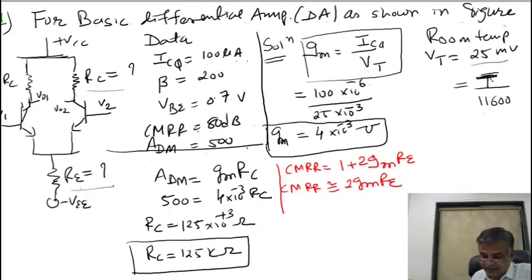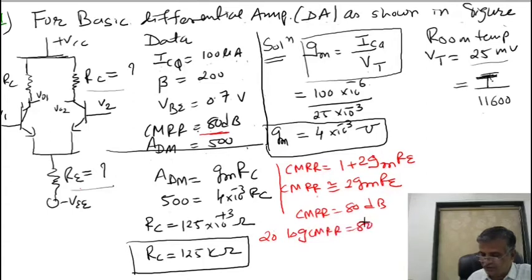Look here, CMRR is given as 80 dB. I cannot write dB here, so what I am doing is converting from dB. CMRR is equal to 80 dB. This is 20 log CMRR is equal to 80. You know this: when you take 20 log of any quantity, it is expressed in decibel.